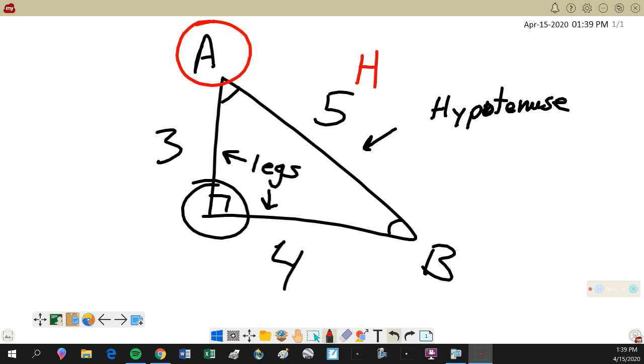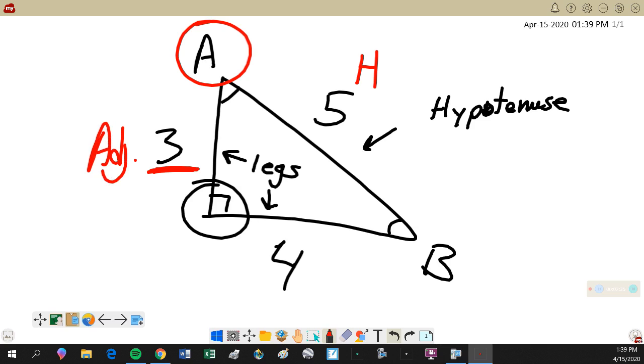And then the two legs either touch A or don't touch A. So this side right here does touch A, and it's right next to angle A, and the geometric word for right next to is adjacent.